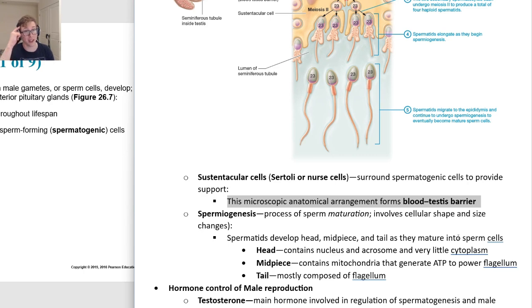You see it in the brain. You see it with the fetus, the blood-placental barrier, and then you see it at the testis too, because the body understands how important it is to preserve the reproductive system. Because remember, if you can't reproduce, you can't propagate the species, and your species is going to go extinct.